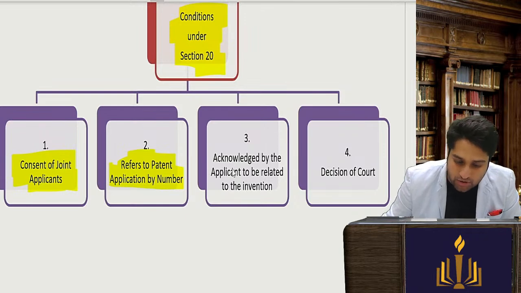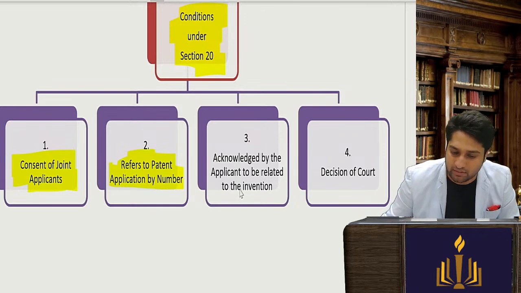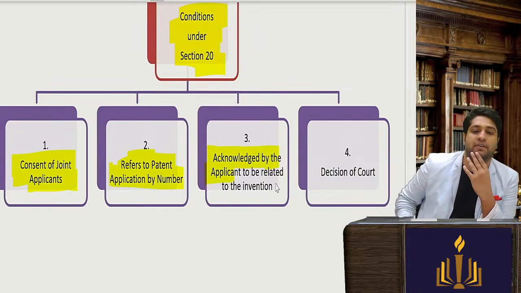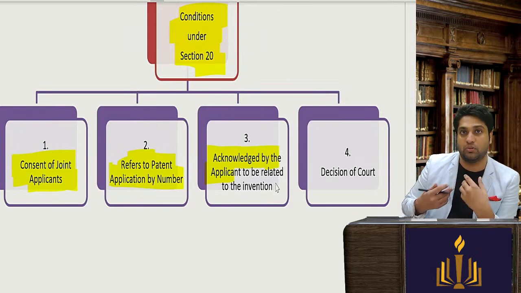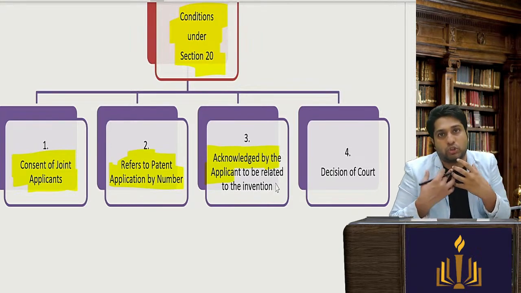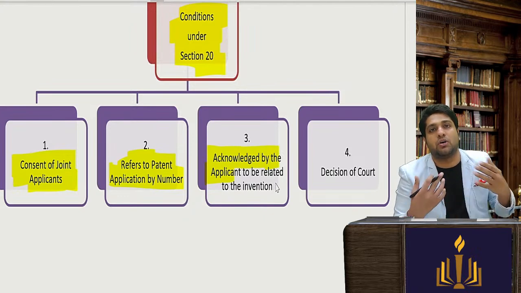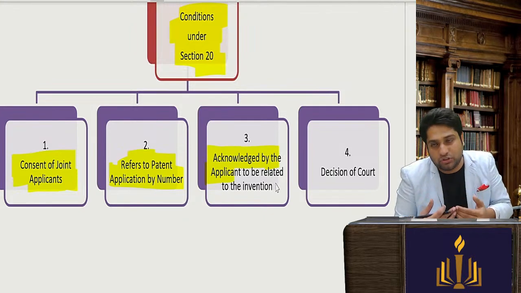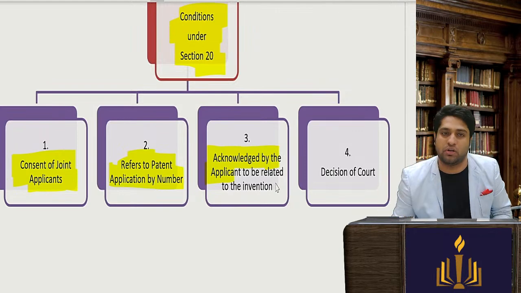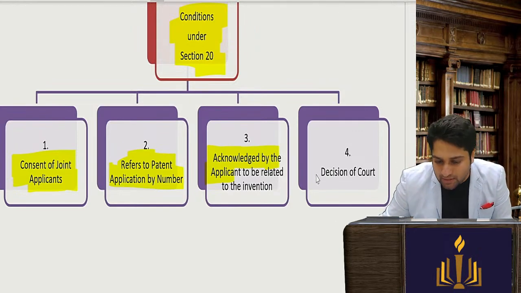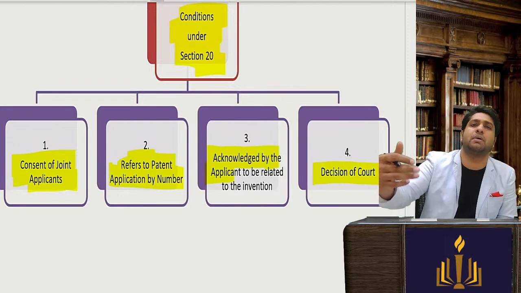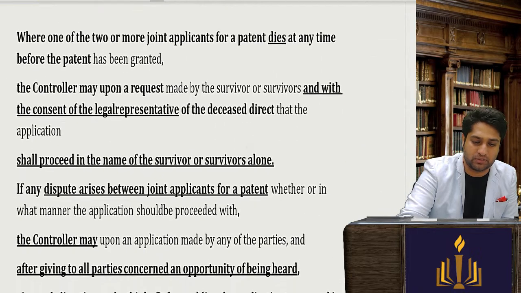Next, acknowledged by the applicant that it relates to this invention. The original person should acknowledge the agreement and the assignment, and it should say that this is with respect to this particular invention by reference number. Very simple, very easy. And fourth, if it is ordered by a decision of court. Then the controller will proceed.